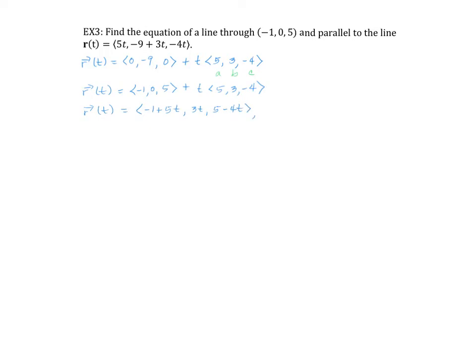And this was a line, a complete line, so negative infinity to positive infinity. Sometimes my lab will leave off the negative infinity to positive infinity. In general, if it's not there, we can assume that it's all t values.